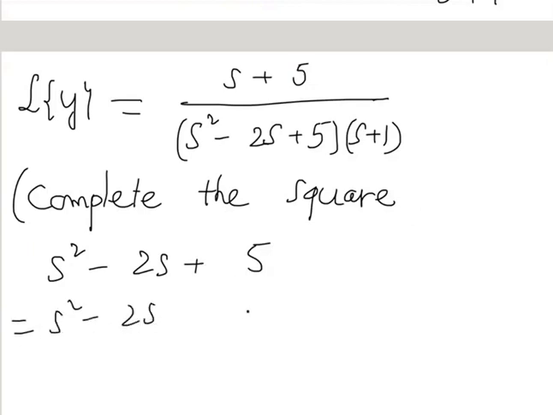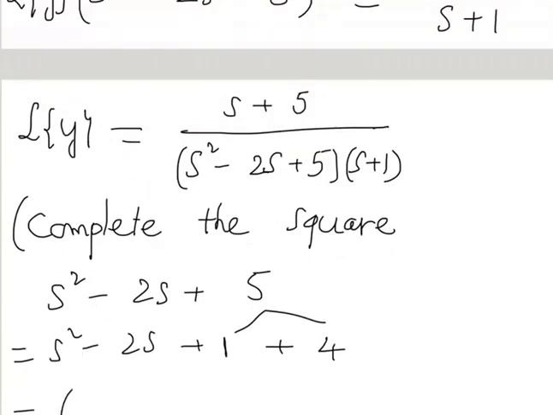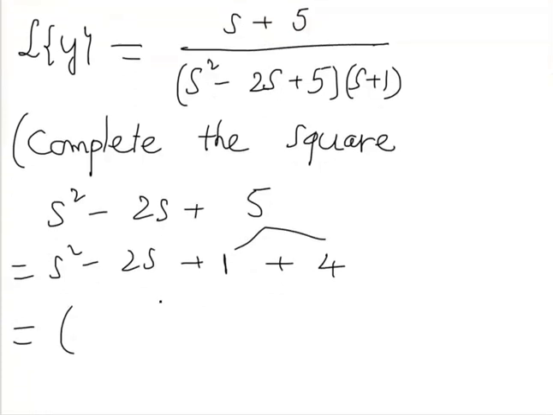We need to split it into the sum of two numbers. For the first three terms to make a perfect square, we need to add 1, and then the last number is 4. We get (s minus 1) squared plus 4, and 4 here is 2 squared.